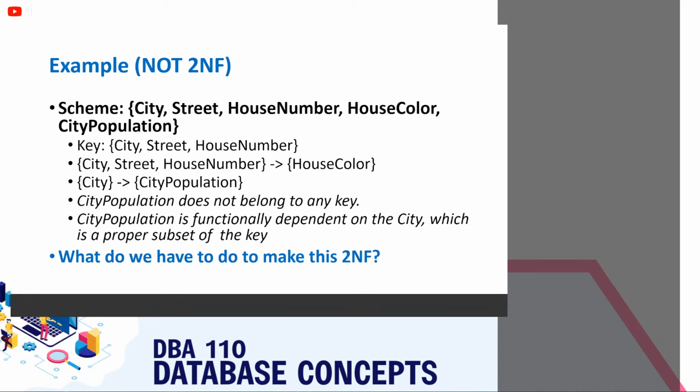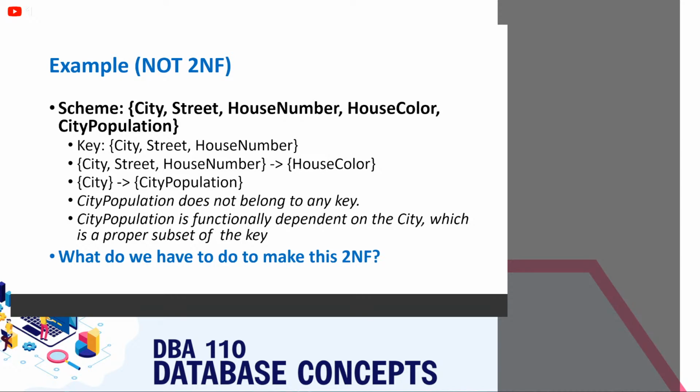So city population does not have a functional dependency on the primary key for this schema, city, street, house number, right? Because it's not dependent on house number, not dependent on street. It's only dependent on city.